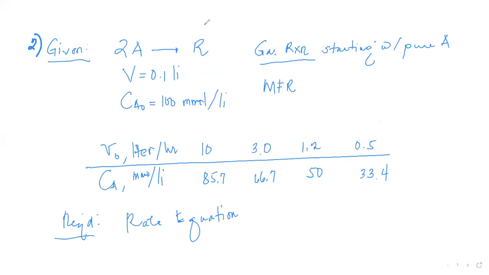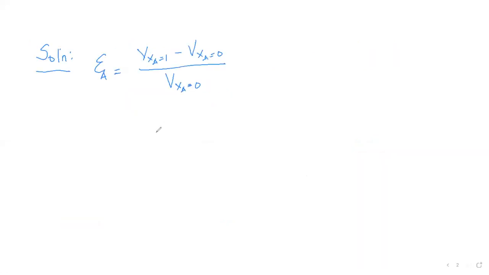So can you dictate to me how we determine the epsilon A given that we started with pure A? Kenneth Abidejos, what should I write here for the volume at 100% conversion and the volume at 0% conversion?